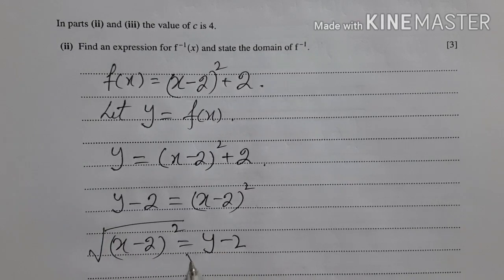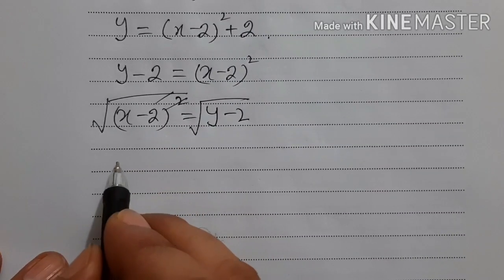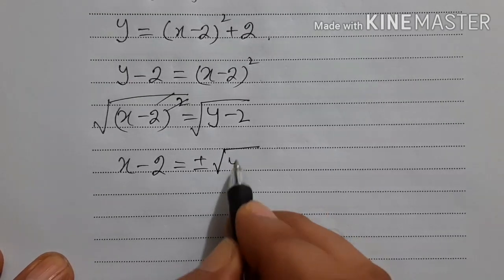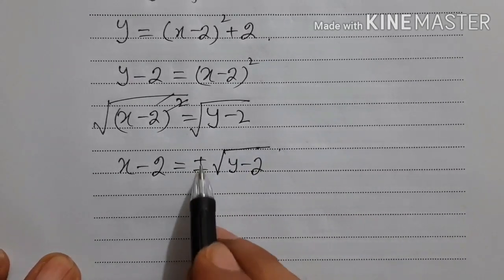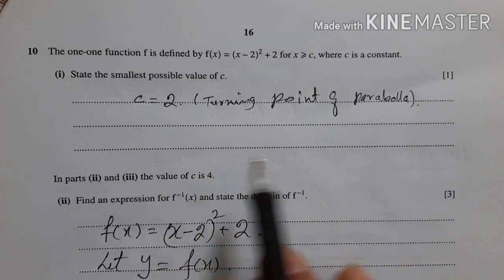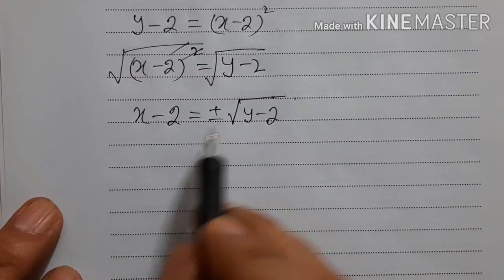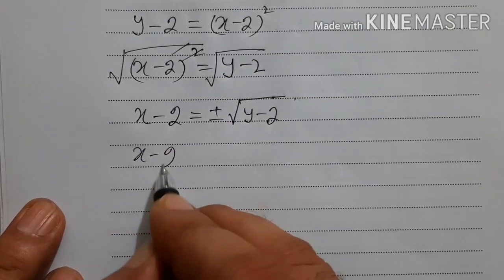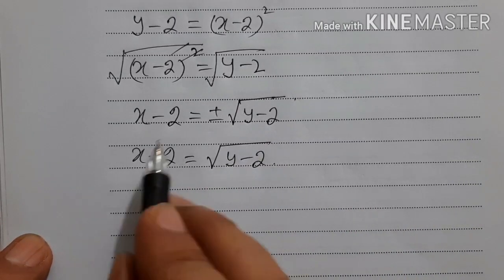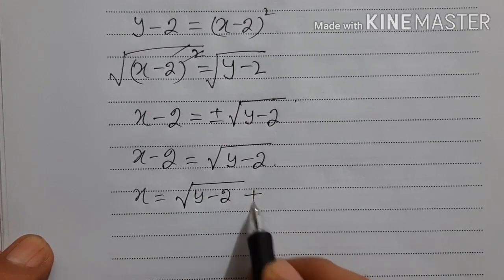Taking the square root of both sides, the square cancels and I get x minus 2 equals plus or minus the square root of y minus 2, but I'll not take the negative value because the constant c is 4, a positive value. So I'll take only x minus 2 equals the square root of y minus 2. Take 2 to the right side, so x will be the square root of y minus 2, plus 2.